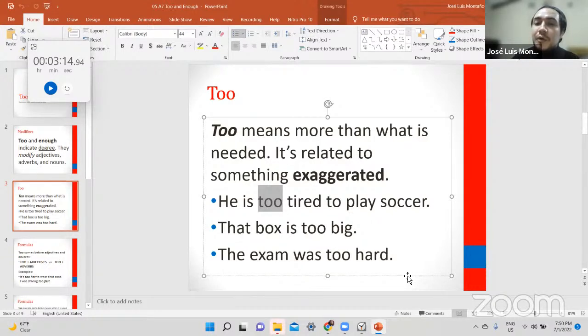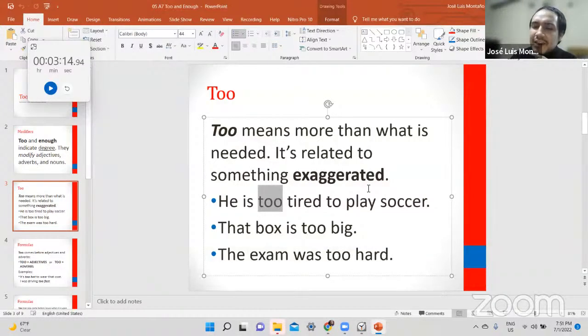This party is for 18 years old. So you don't have to be here. That's why I can say you are too young to be in this party. Or the exam is too hard to pass, right? So it's too hard. It's impossible to pass that exam. Okay, so that's with too.